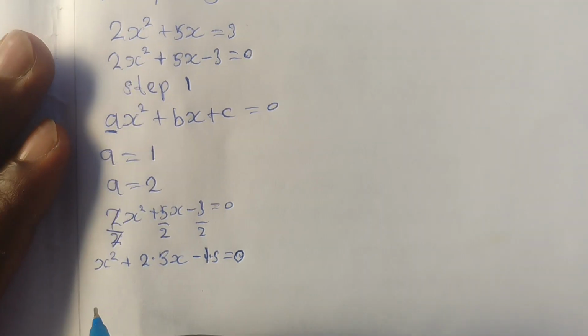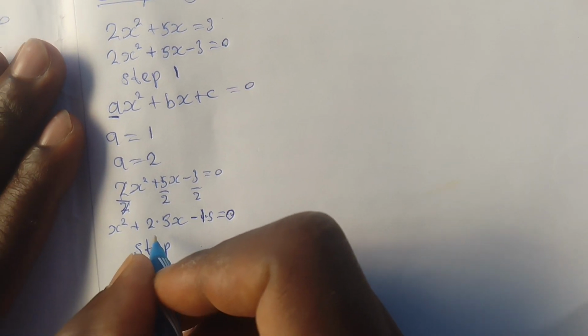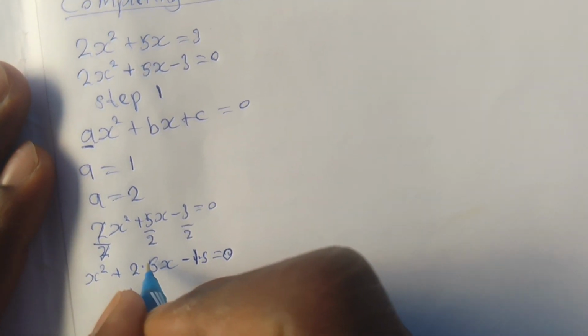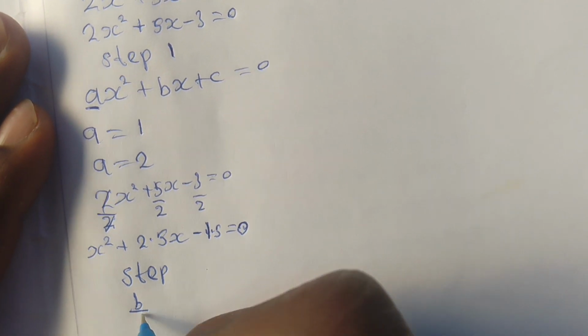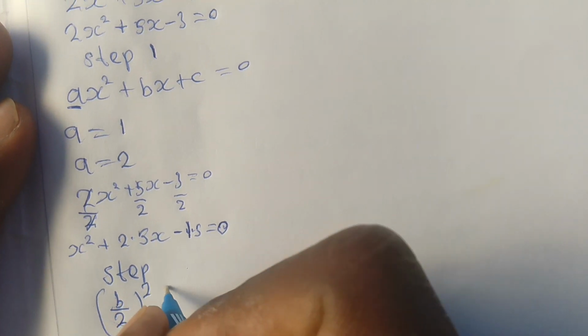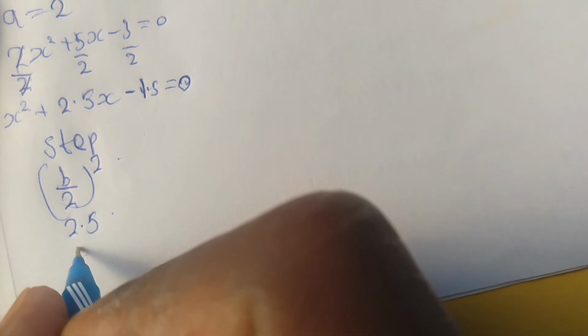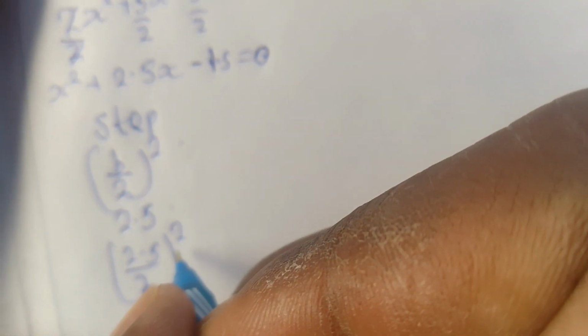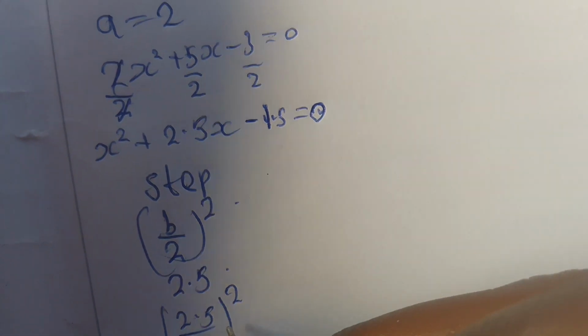Step 2: go to b. b is the coefficient of x. So take this b, divide by 2 and then square. Our b here is 2.5. So 2.5 divided by 2 and then square. After squaring, add it to both sides, before and after the equal sign.